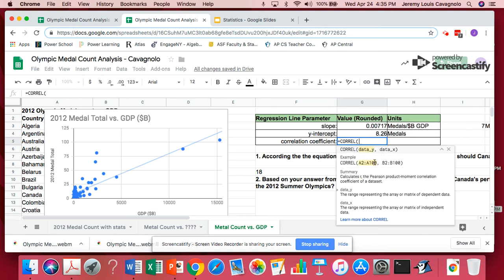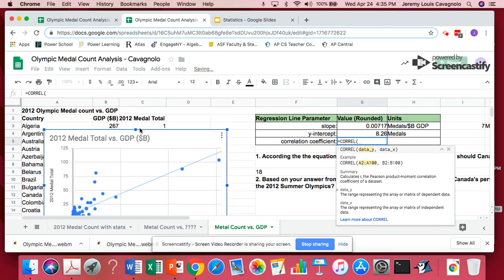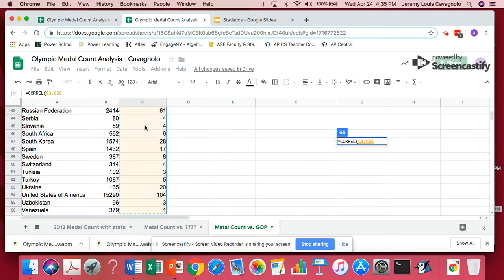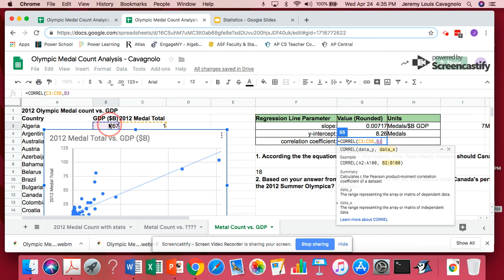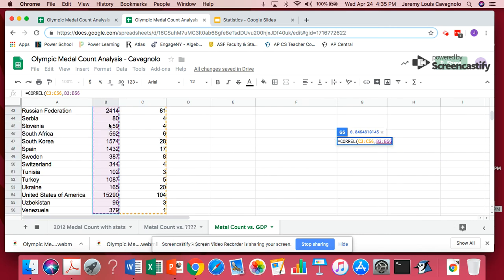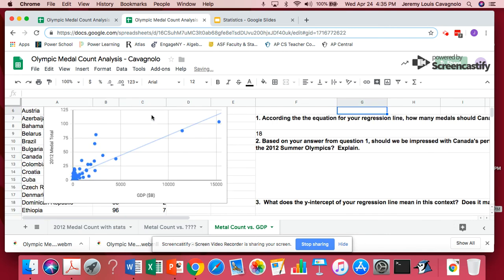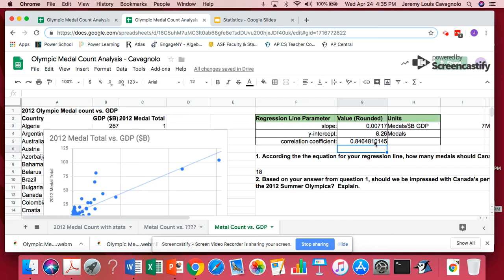So we're going to use the correlation function in the spreadsheet, and just as we did before, we're going to give it all of our Y data, and then we're going to give it all of our X data. And again, I'm going to limit the precision of this calculation so that it's a little more legible.